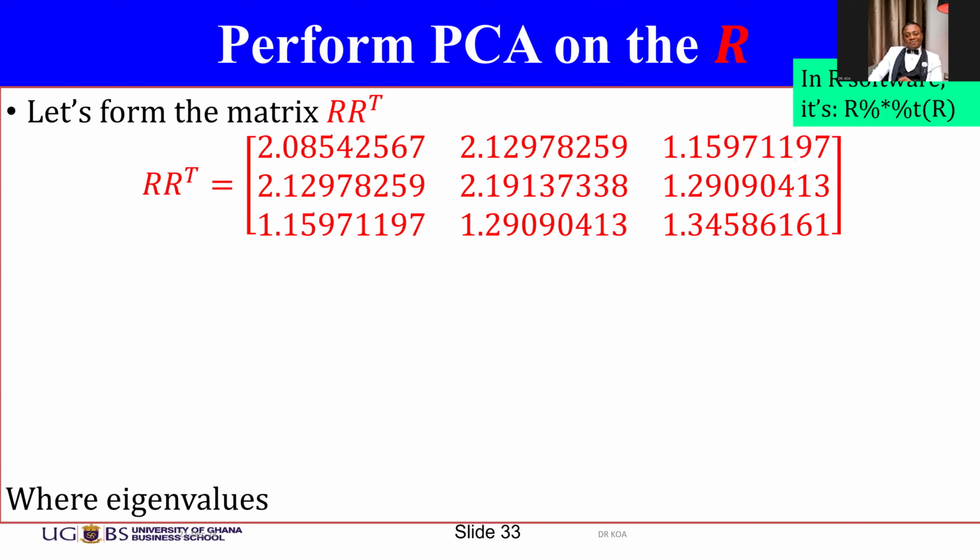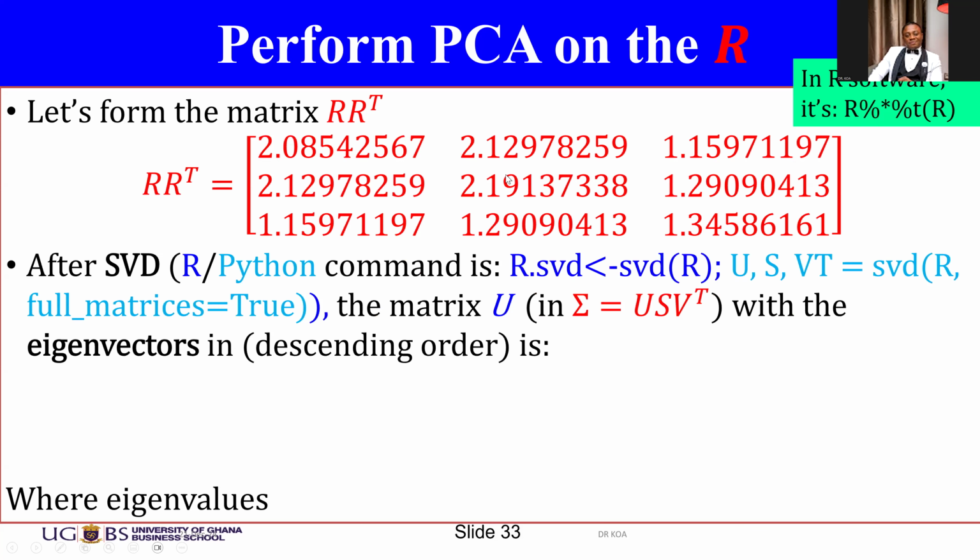So what you have done is multiply R by the transpose of R, and that gives you this. Remember that PCA is done on this. This is where you have to use the singular value decomposition.